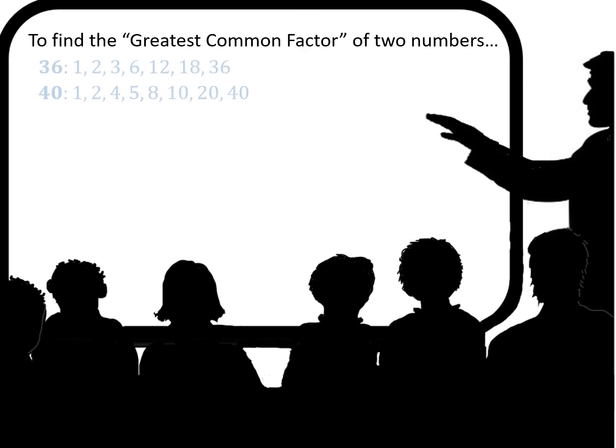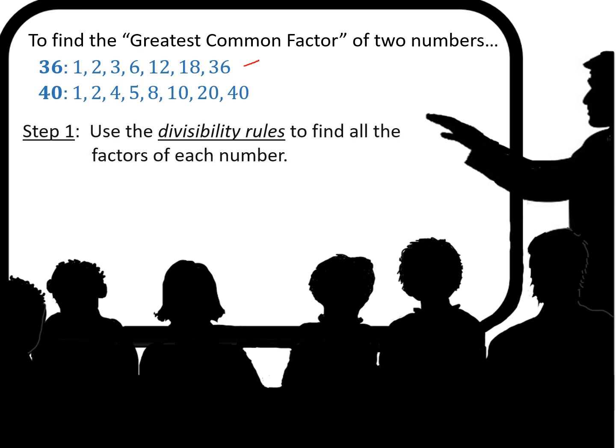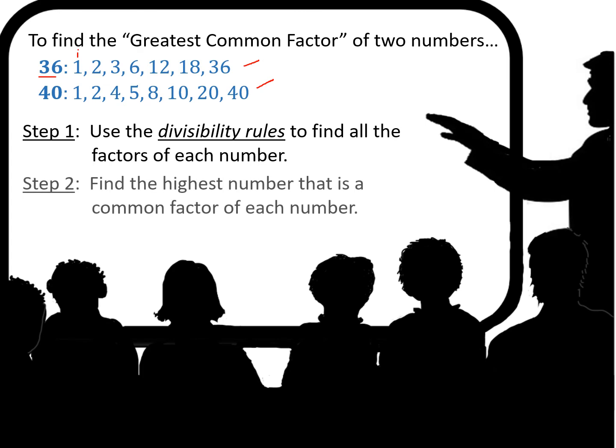To find the greatest common factor of two numbers, we're going to list all the factors of each number. The factors are the numbers that multiply together to equal the number. So 1 times 36 is 36. 2 times 18 is 36. 3 times 12 is 36, etc. We're going to use the divisibility rules to find all the factors of each number.